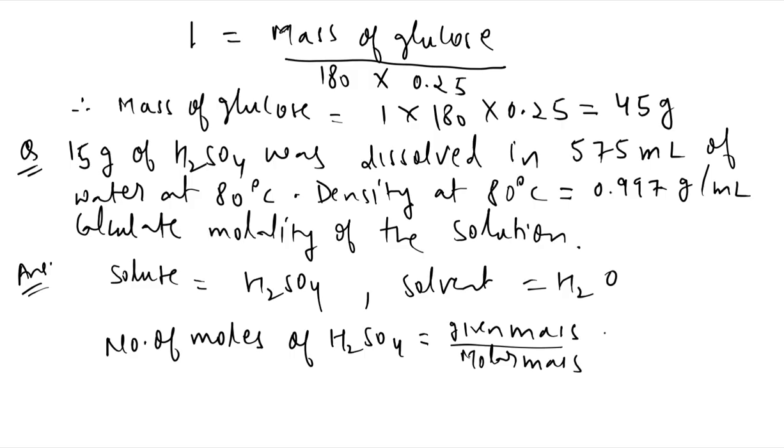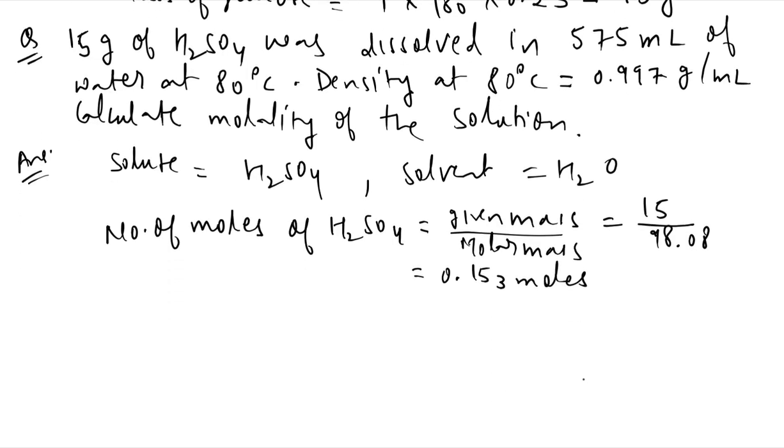So given mass of H2SO4 in this case is 15 divided by molar mass of H2SO4 is 98.08. This will be provided to you in any question, so you need not mug it up. So this will be 0.153 moles. These are the number of moles of the H2SO4.